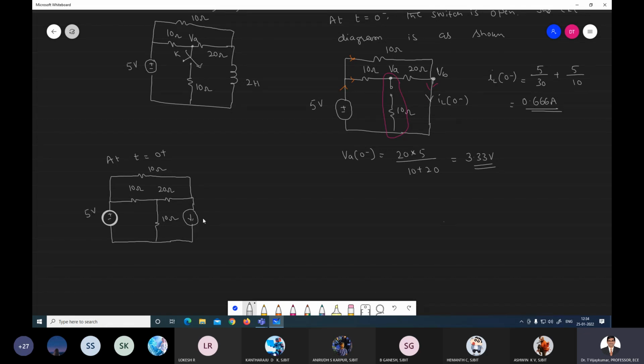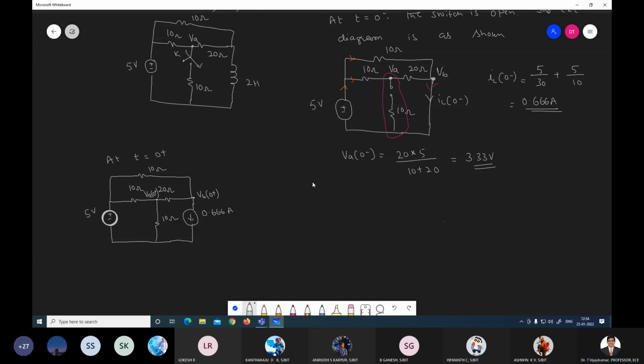What is the current flowing here? 0.666 amps. This you can take as VA0 plus, and this as VB0 plus.